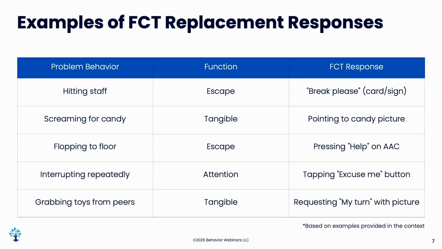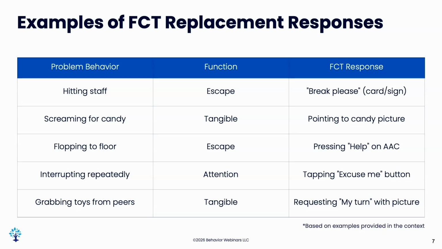It really depends. Escape is nice, but it's nice to know more about that escape behavior. Is this something that they can't do? If it's something that they can't do, then providing help might be a viable option. But if they can do it, but they just don't want to in that moment, or maybe they're in sensory overload or something, then you want to give them that break.